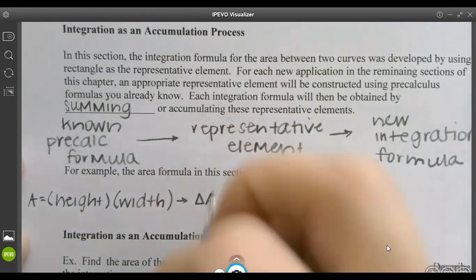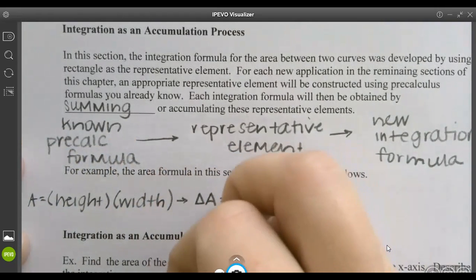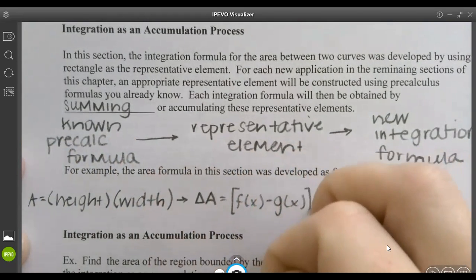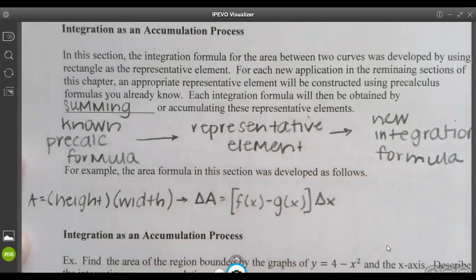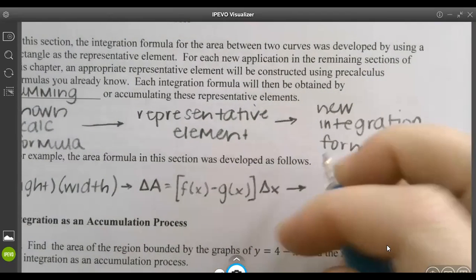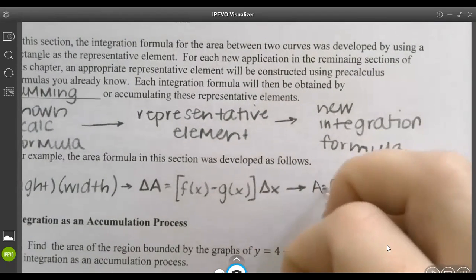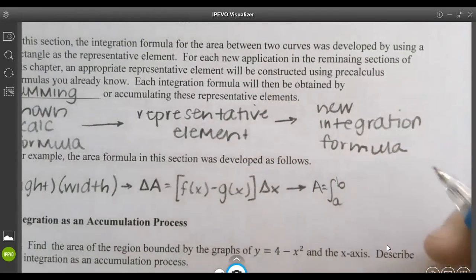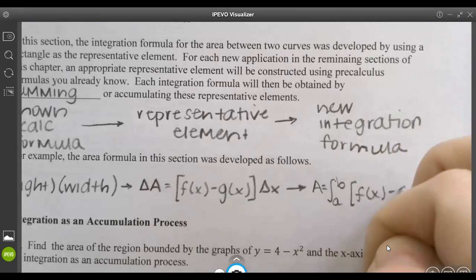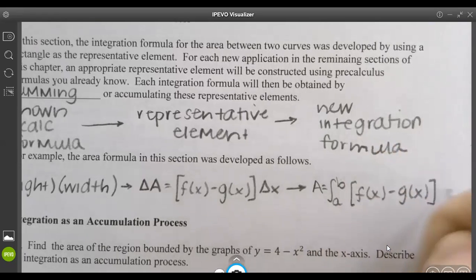Then we did delta A equals f of x minus g of x delta x, because that was our representative element, which gave us our new integration formula, which is not new, of a to b, or from a to b, of f of x minus g of x dx.